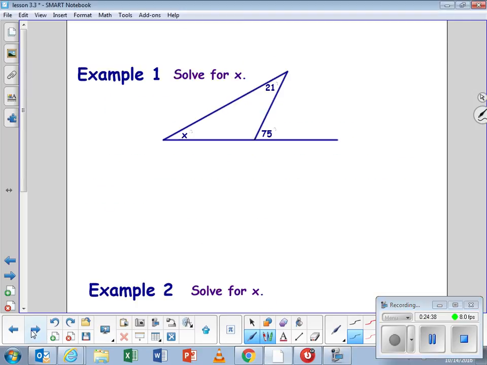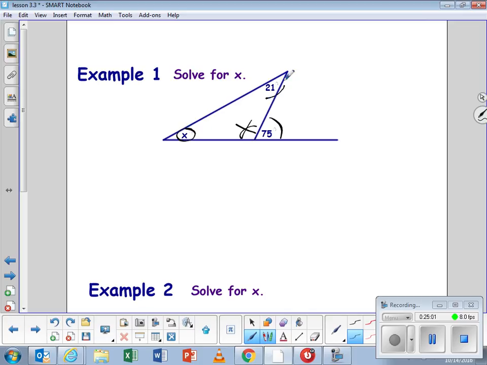And then we have a couple examples, and this is it for our notes. So we just learned that this exterior angle is equal to the sum of the 2 remote interior angles. Well, this one here is not a remote interior angle because it's adjacent to the exterior angle that's 75 degrees.